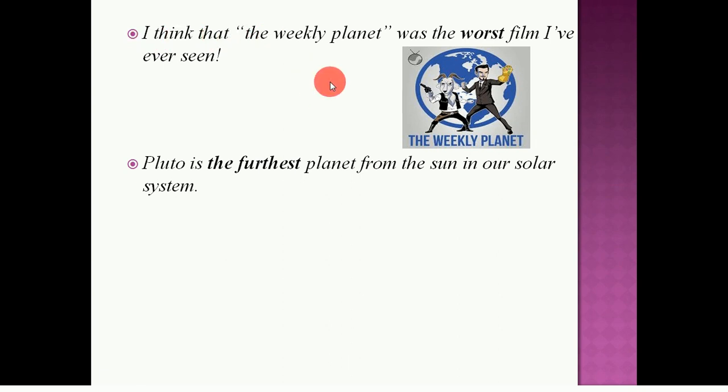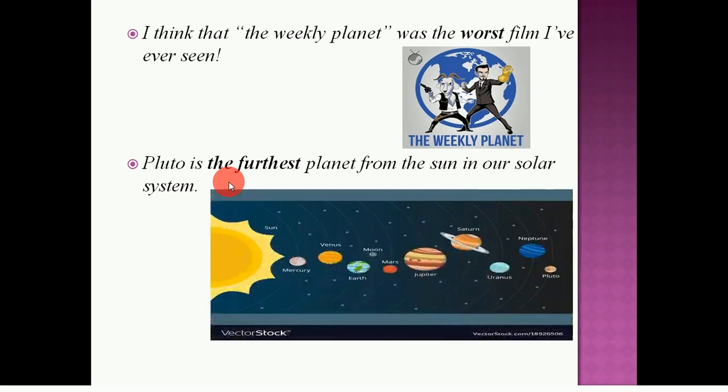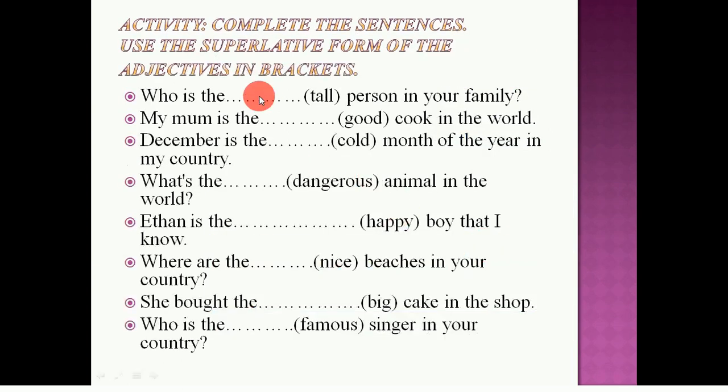Do you remember this is the superlative form of which adjective? It is the superlative form of adjective bad. Pluto is the furthest planet from the sun in our solar system. Pluto is the furthest يعني أبعد. Okay, activity.